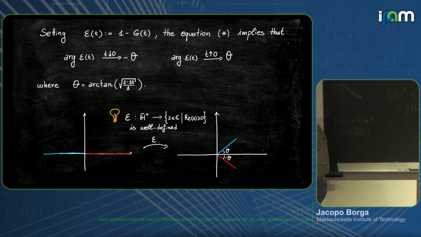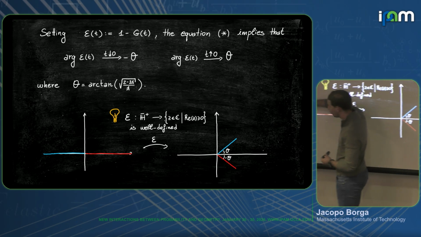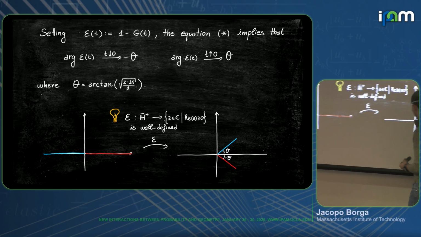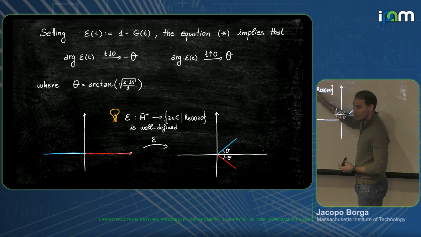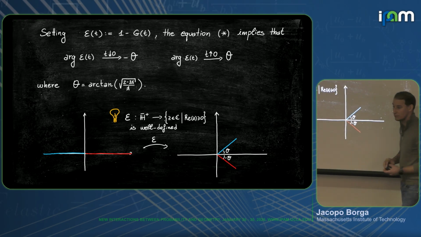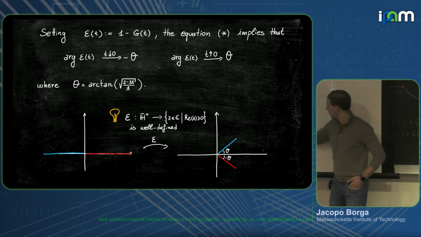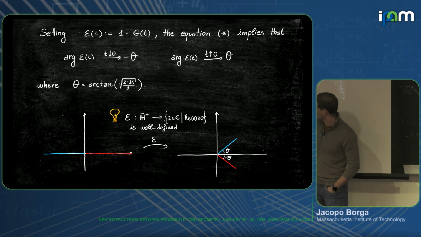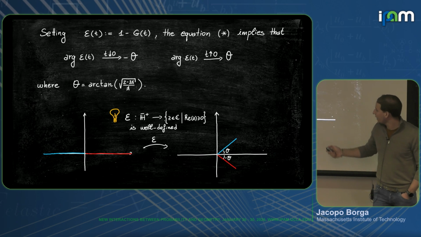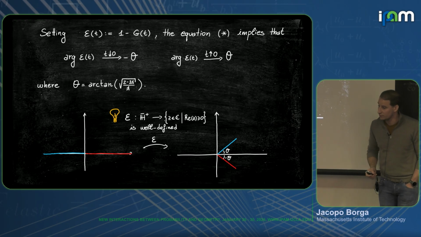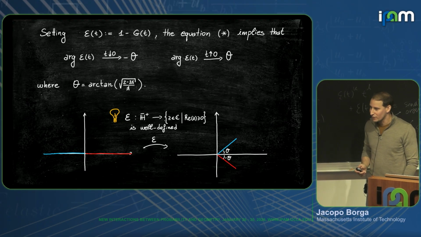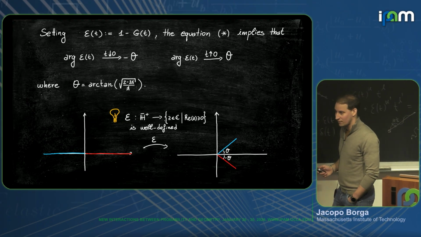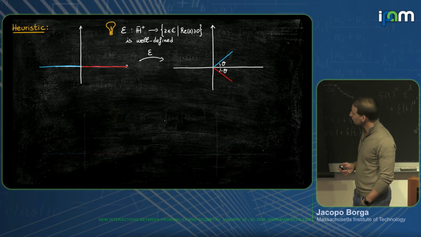We cannot argue a priori that the full plane is mapped inside this cone, but at least we can argue that the image is in the right part of the complex plane. So the imaginary part of epsilon of z is non-negative. Now you have this, and let me give you a heuristic on why this is good news.